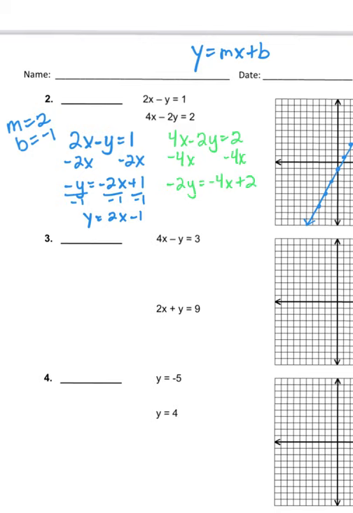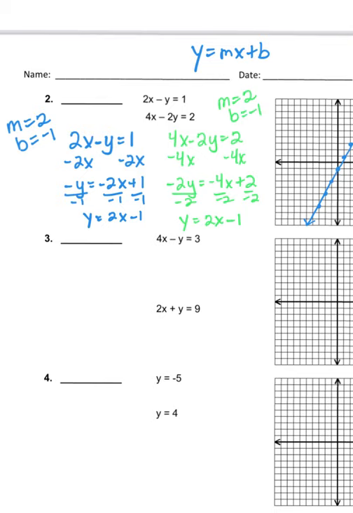Solving for y, I divide all three pieces by negative 2. I'm left with y equals 2x minus 1, since 4 divided by negative 2 is negative 2 and 2 divided by negative 2 is negative 1. So my slope is 2, and my y-intercept is negative 1.